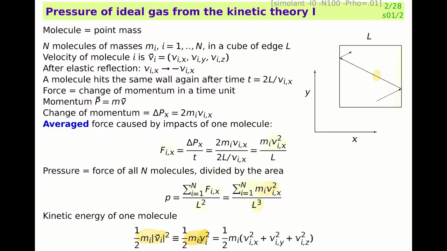Here it means exactly the absolute value of the vector, and I have it squared, and this is the sum over all components. So essentially I have a factor of 1/2 here, and 3 times something like this. I will assume that all directions are equivalent.